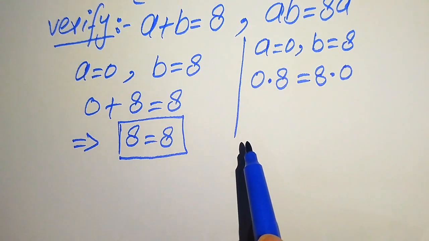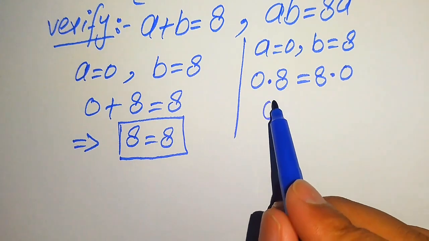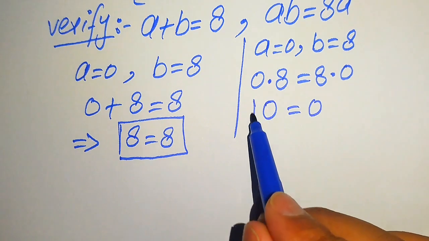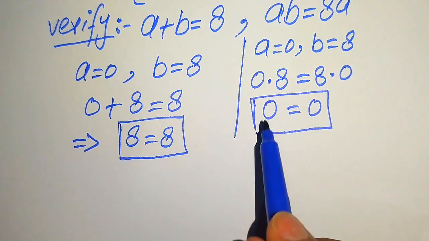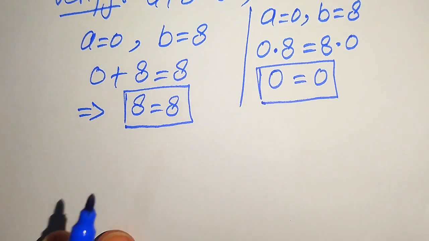So we very well know that 0 multiplied by any value becomes 0. Similarly, 8 times 0 becomes 0. So this shows that the values of a and b also satisfy our given question statement.